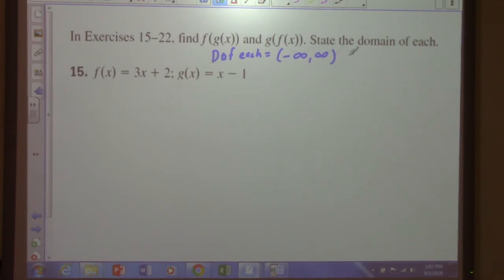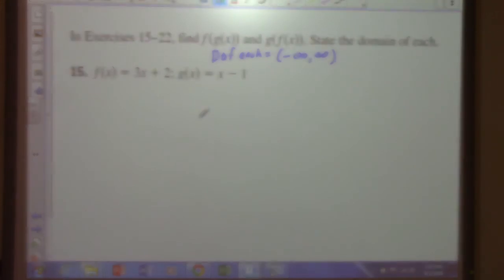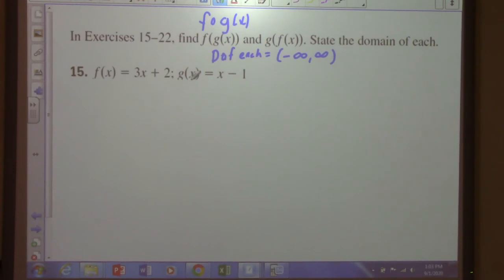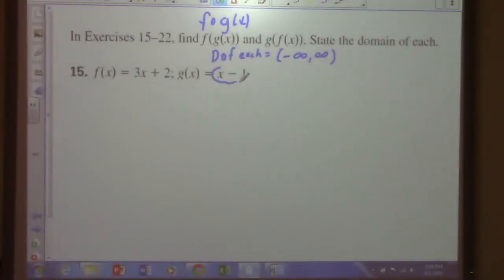So now let's go ahead and work these out. We want f of g of x, which is the same as f composed with g of x, right? And so, how do we get f of g of x? What's next to the x? g, right? So what we're doing is taking g and plugging it in for this x right here.